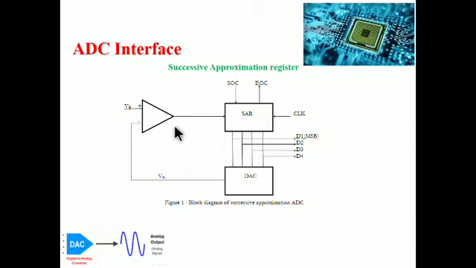Based on the comparator output, the SAR reacts and gives the end of conversion signal. Once the end of conversion signal is given, you can take the corresponding digital value. This is the process of analog to digital conversion using the SAR register.